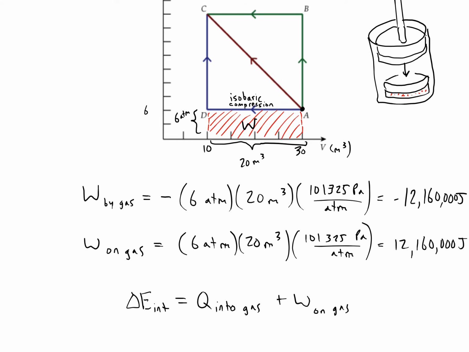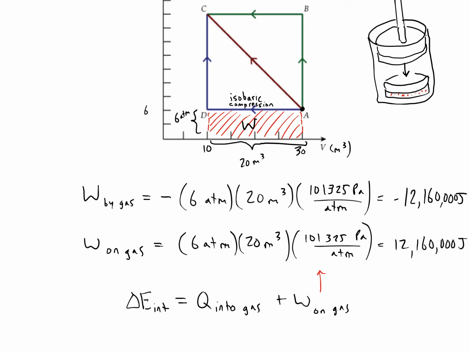So we know that the work done on the gas is positive. It's 12 million joules. Now, is it the case that all of that energy goes into internal energy for the gas? Or is it the case that all of the energy leaves the cylinder as heat?